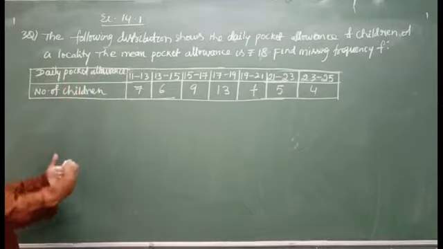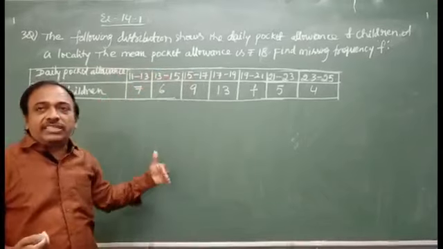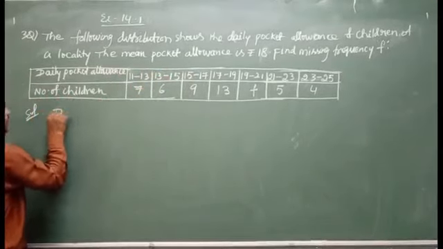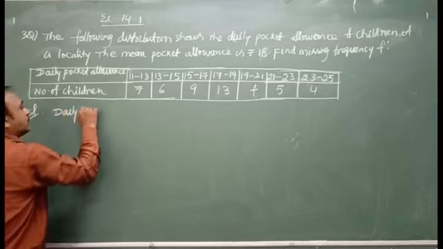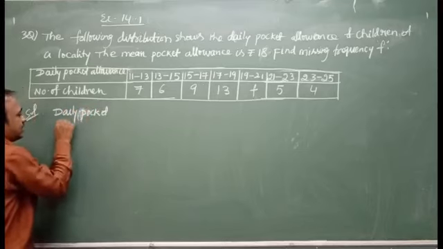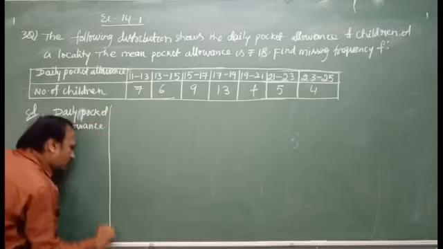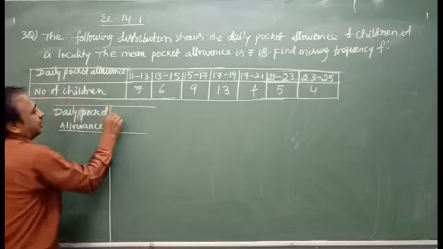Look at the board. You need to copy these two columns for the solution. First, daily pocket allowance, and the next, number of children.